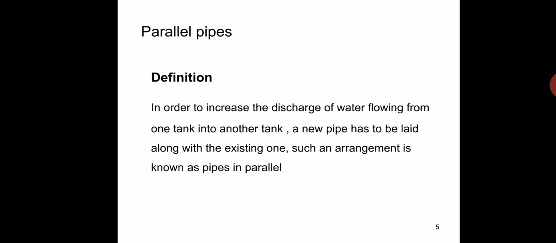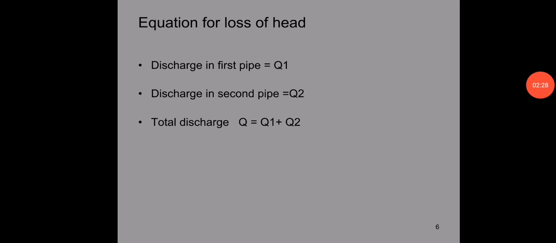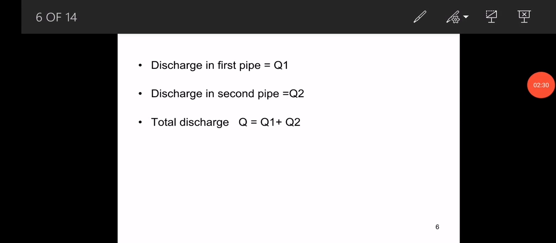Parallel pipes means when we connect the pipes in parallel, we increase the discharge through the pipes. A new pipe has to be laid along with the existing one. Such an arrangement is known as pipes in parallel. Here, for example, let us consider pipes in parallel.